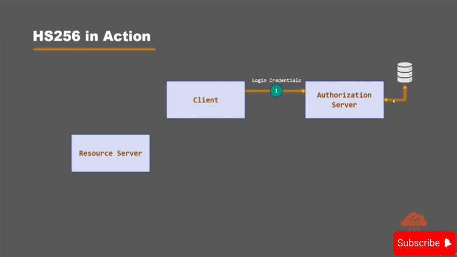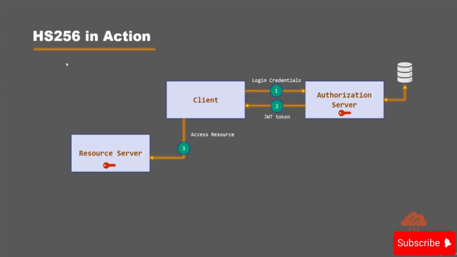If these credentials are valid, a secret key is used to generate a JSON Web Token. This secret key also needs to be distributed to all the resource servers. When the client presents this JSON Web Token to the resource server, this resource server will be able to validate it only if it has this exact same key.